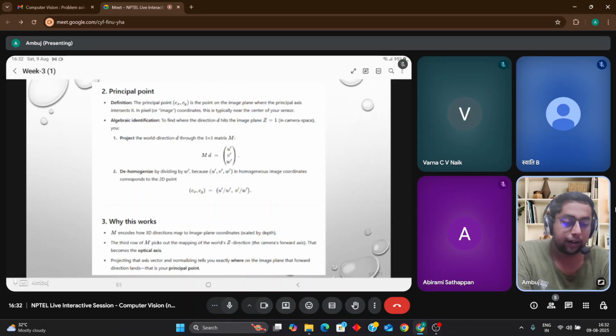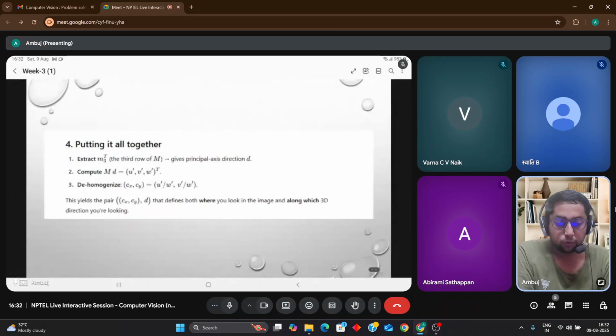The third row of M picks out the mapping of the world's z direction, and projecting the axis vector and normalizing tells you where that forward direction lands, that is the principal point. So putting it together: first extract M3 transpose, then compute M times D, then dehomogenize to obtain the principal point (Cx, Cy).